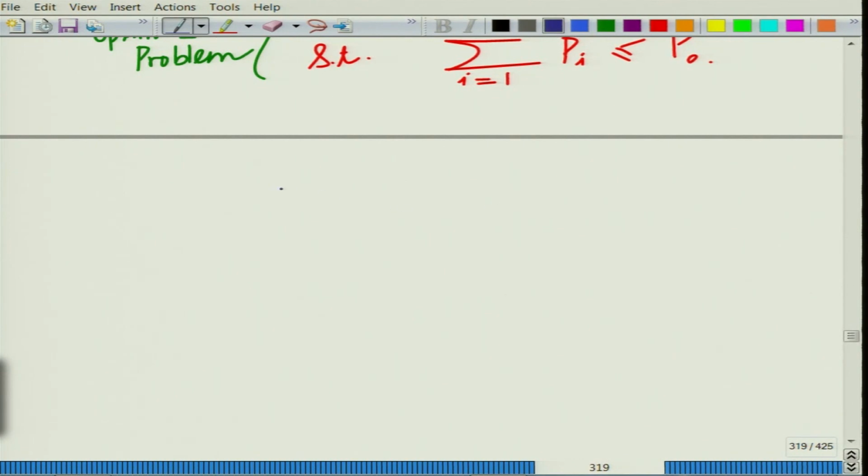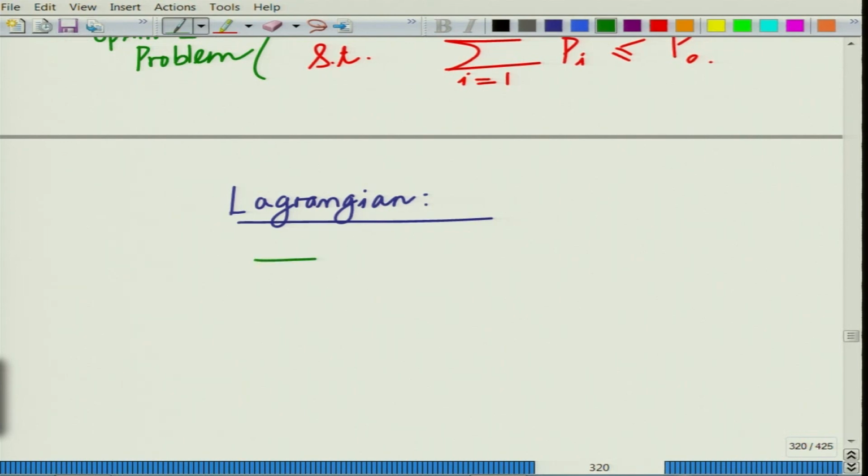And as we have seen several times before, the way to solve this constrained optimization problem is to construct the Lagrangian using the Lagrange multiplier lambda, right. So, we construct the Lagrangian, and what is the Lagrangian?